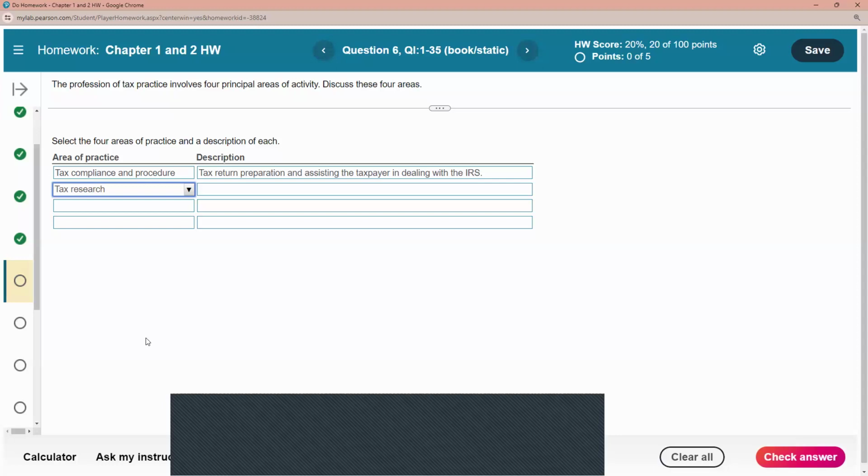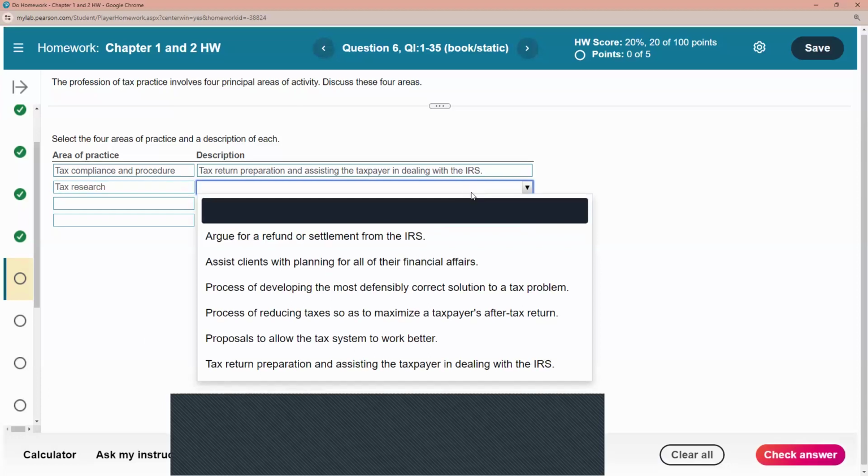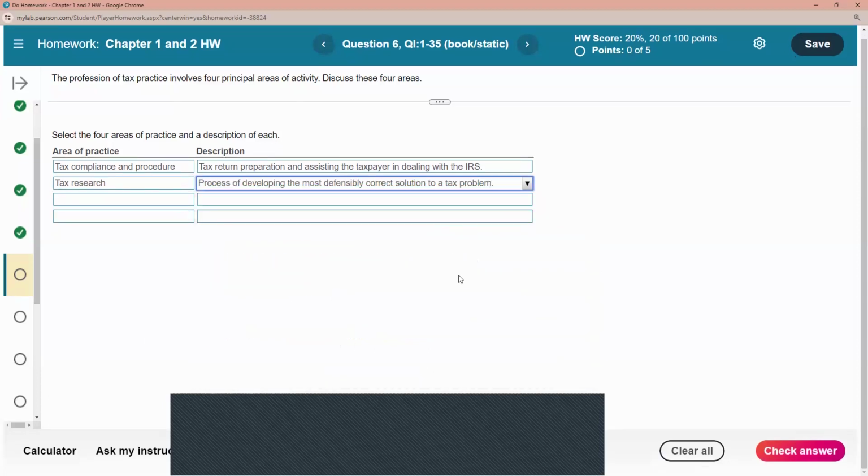So this can be both an example of tax research and tax planning. They essentially work hand in hand. Tax research is essentially the process of developing the most defensibly correct solution to a tax problem. All right.